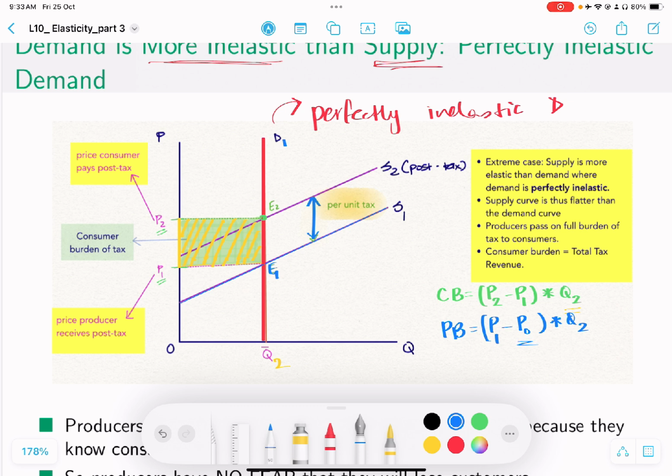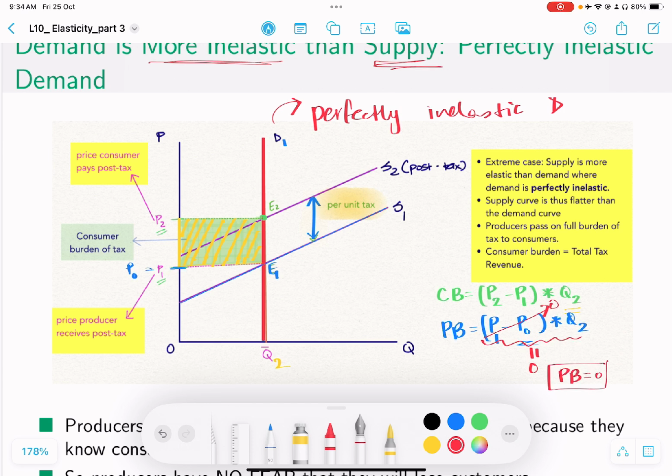Well, because the demand curve is perfectly inelastic, actually the take home price for the producer is also at P1. So basically I'm saying P1 and P naught is the same. If that is the case, this actually just goes to zero, which means this whole thing now is zero. So what I'm saying is that the producer burden is zero.